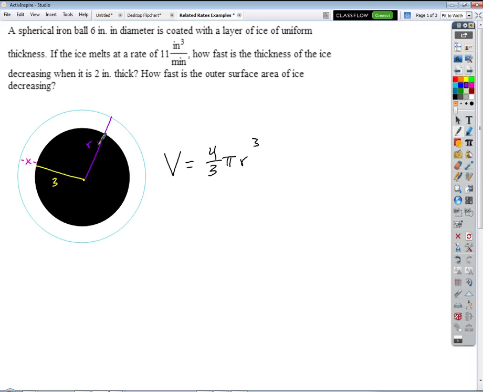How fast would the thickness of the ice be changing then? Well, wouldn't it just be 1/10 of an inch per minute? Because is the radius of the iron ball going to change? No, it's not going to change at all. So x plus 3 is only going to change as fast as x changes. Once all the ice is melted, it's not going to change anymore, right?